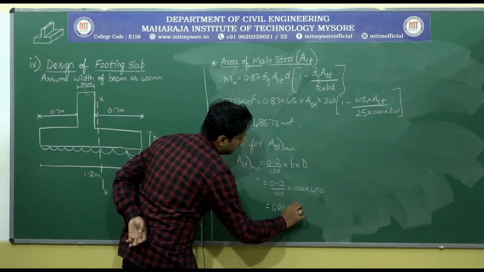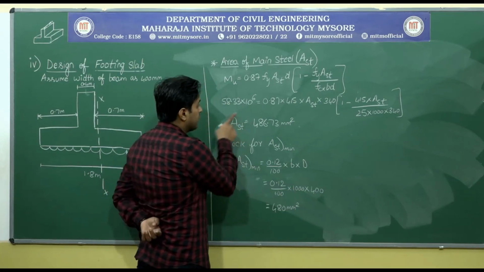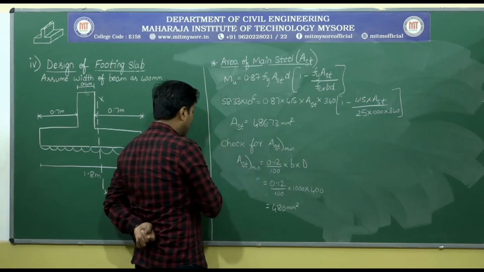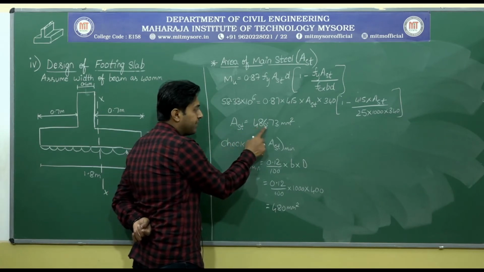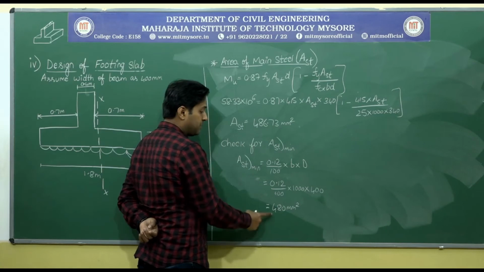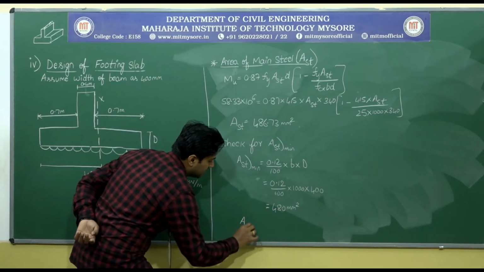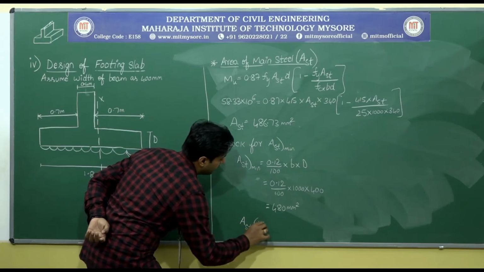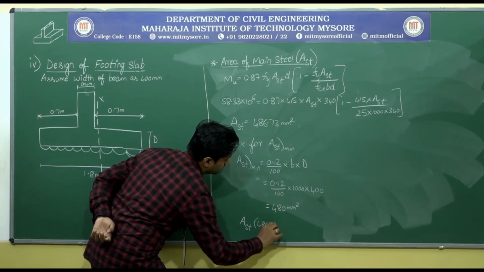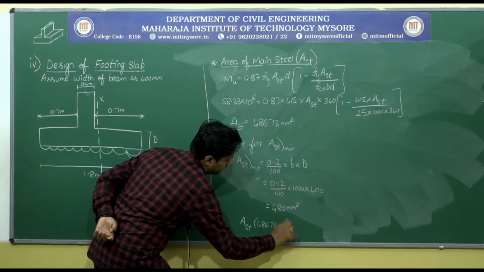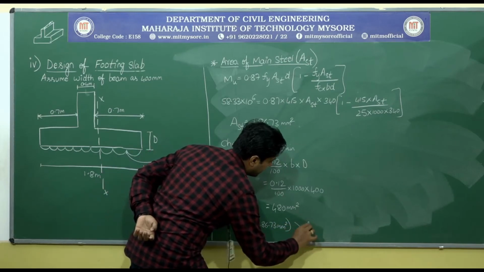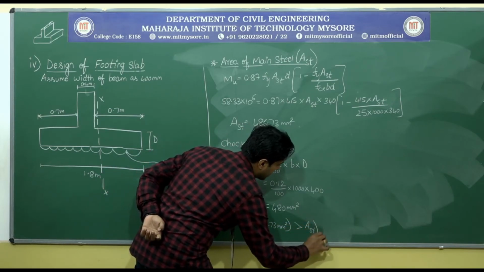Observe here. Whatever the AST due to the moment that is coming on the structure, it is 486.73. Minimum AST that we need to provide is 480. So AST that we got based on the moment is greater than AST minimum as per the code.